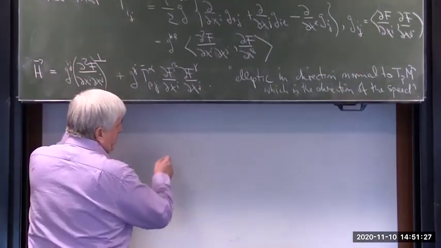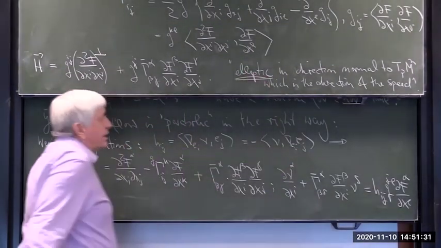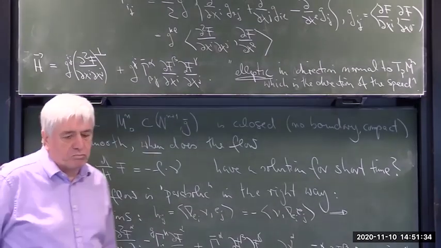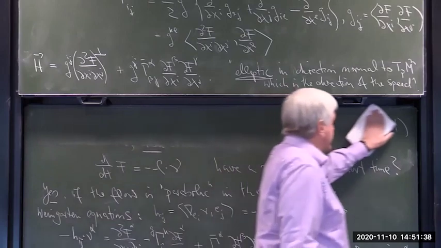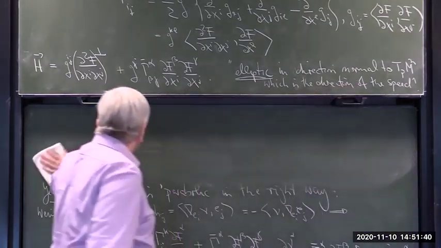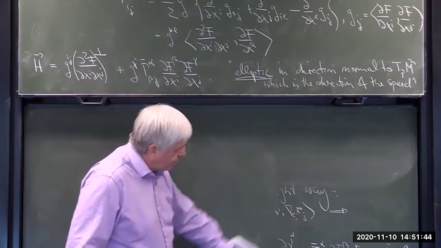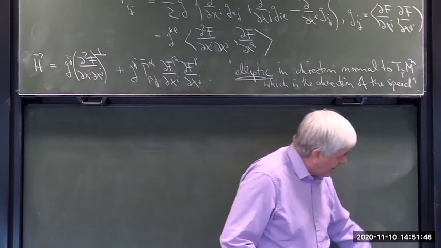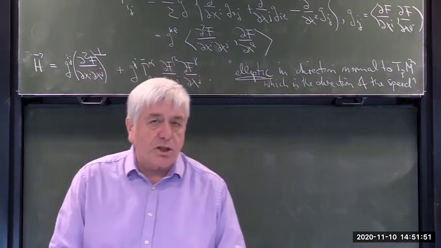So this fact that this equation is elliptic in this sense turns out to be enough to prove short-time existence. And I will not go through this precise proof of short-time existence because I did that in quite some detail in the previous course where I was discussing Ricci flow.